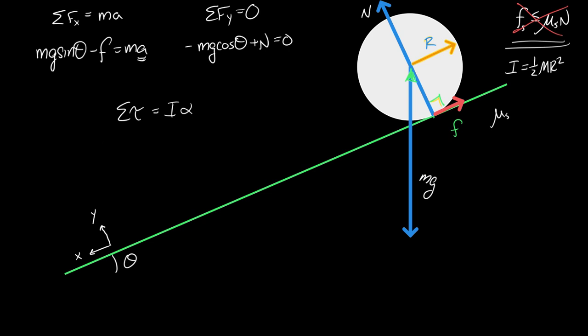So the torque from friction will be Rf. And I'm going to intentionally make this direction the positive direction, so out of the board. And that's going to make Rf equal to 1/2 mr squared times alpha.